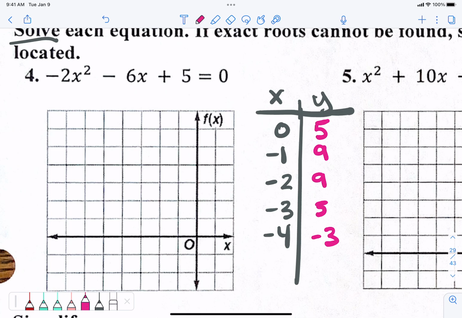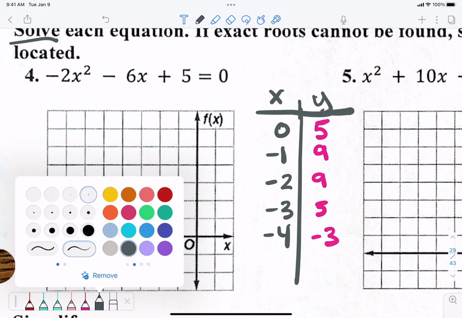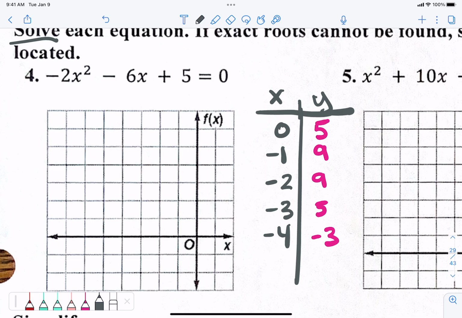All right, anyway, I'm not as smart as I look. Did that make sense? Anyway, 0, 5 right there. -1 is at 9, all the way up there at the top. But how is -2 at 9? Why are those straight across from each other? That's not the vertex.